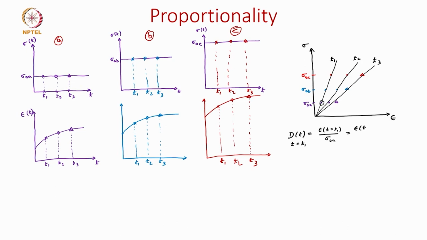It is at time again t equals t1, but the load is sigma naught B. And finally, for the last test, strain at t1 divided by sigma naught C. So, essentially what we are saying is this slope, the slope of this curve, which is represented as D of t1, will be the same for test 1, test 2 and test 3, where we are changing the stress levels.